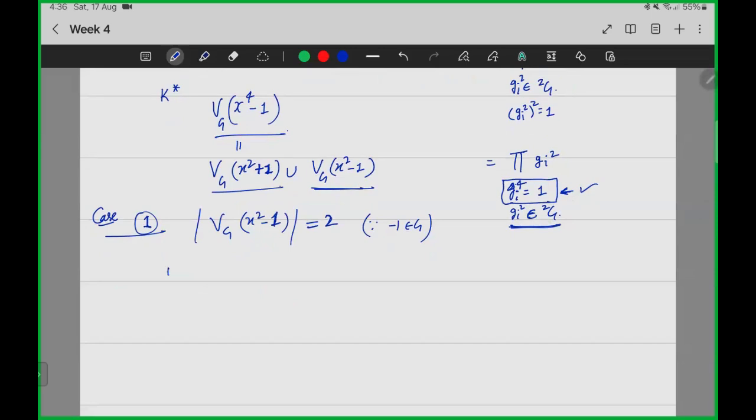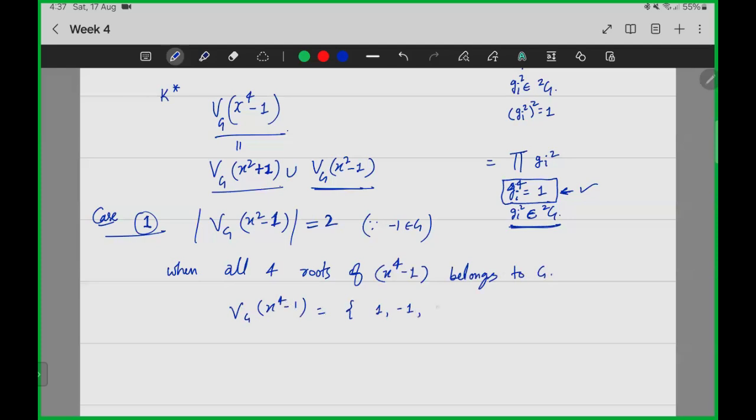Case 1 is when all four roots of x power 4 minus 1 belong to G. Then we can write this as 1, minus 1, and without loss of generality, I'm just writing i and minus i, or we can write something else, let's say y and y prime.